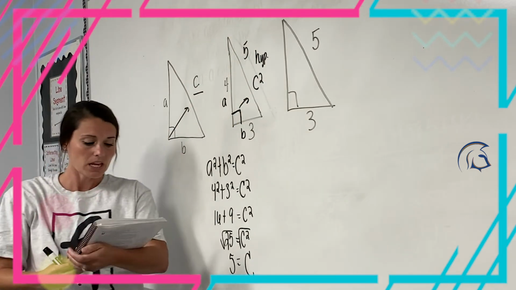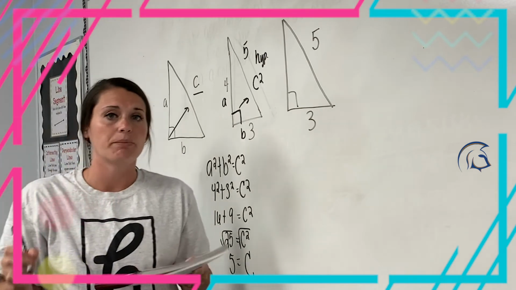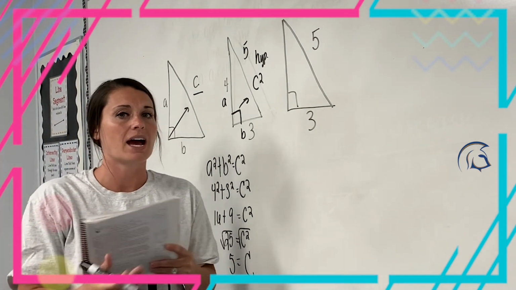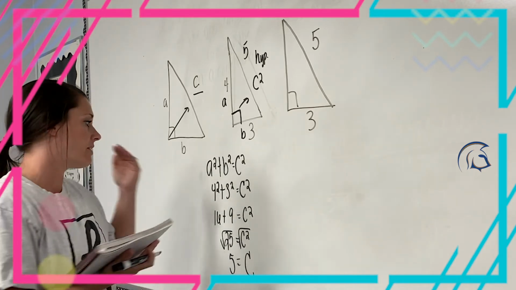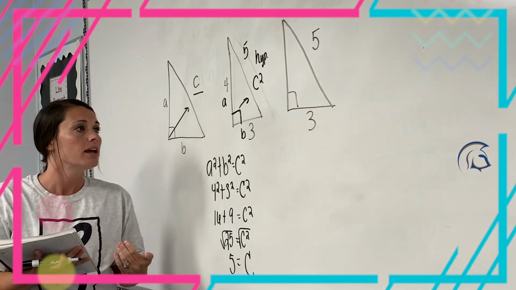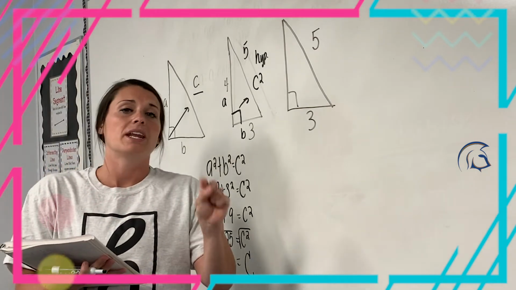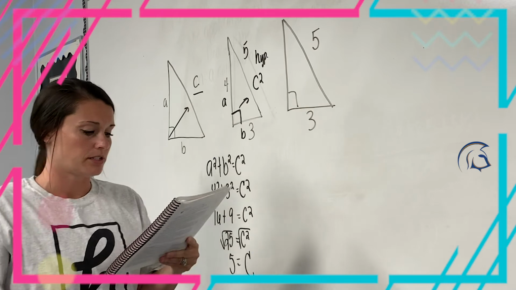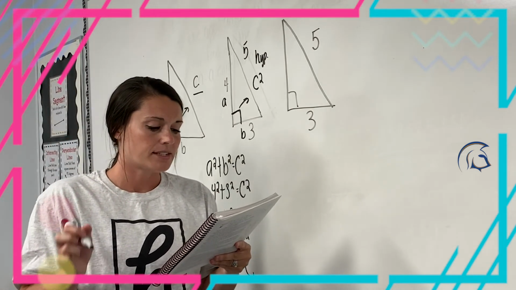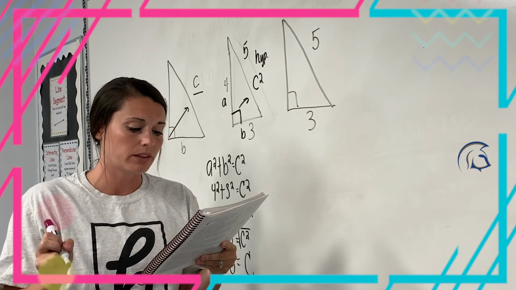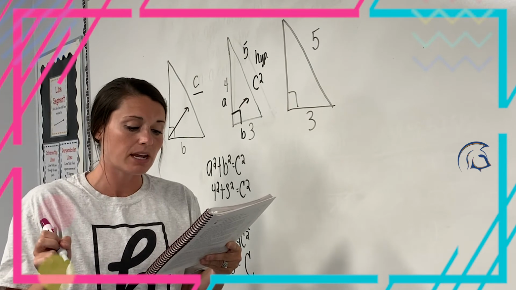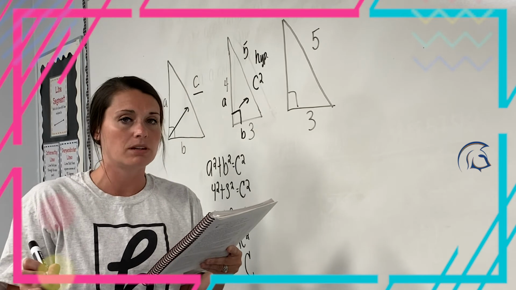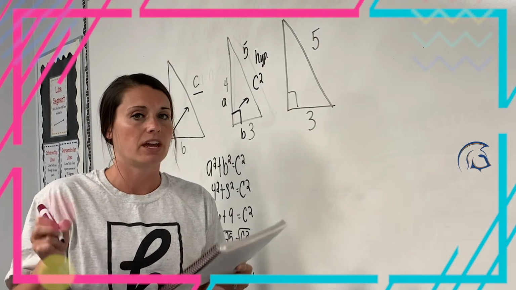Now, if you look on down the page, on page 248, you'll see Corollary 75-1, which is kind of the converse of the Pythagorean Theorem, okay? So I'm going to read it to you, but then I'm going to tell you practically what it means for you, because sometimes the words are just a little wordy. It says, the square on one leg of a right triangle is equal to the square on the hypotenuse diminished by the square of the other leg.